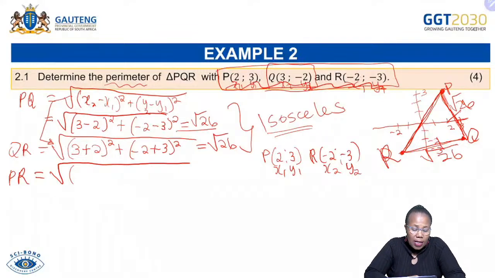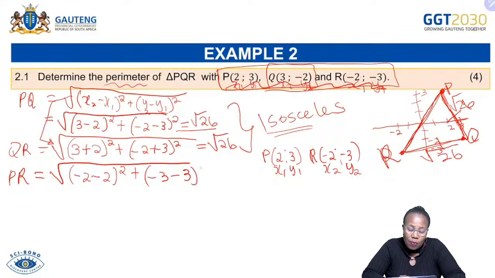Okay, and then now let's substitute. x2 is -2, minus the x1, which is 2, and this is squared, plus the y2, -3, minus the 3 from y1, squared. And then into your calculator, grade 12, straight to the answer.